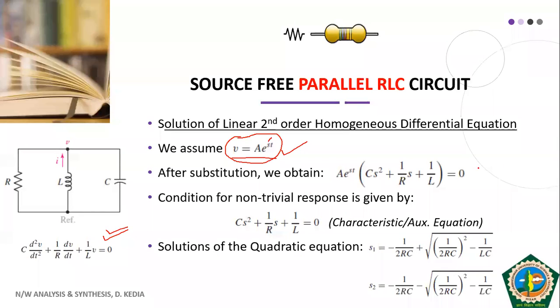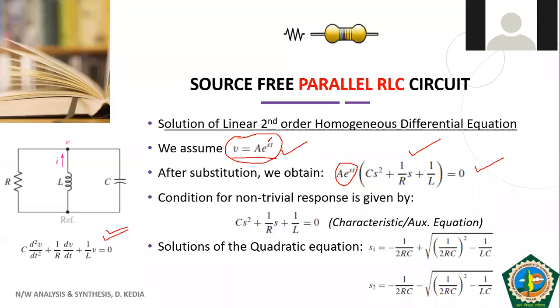After substitution, this is what we get: A e raised to power st common, then C s square plus 1 by R into s plus 1 by L. Now we have to obtain the solution of this. Here we have two terms: one is A e raised to power st, and the second is the term within brackets here.